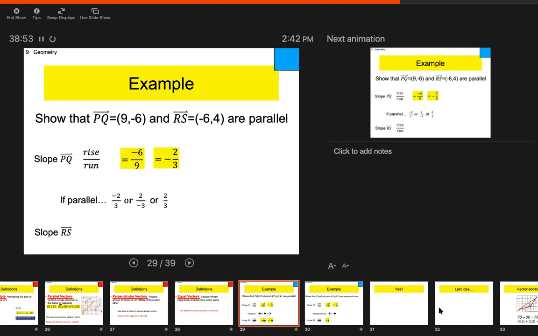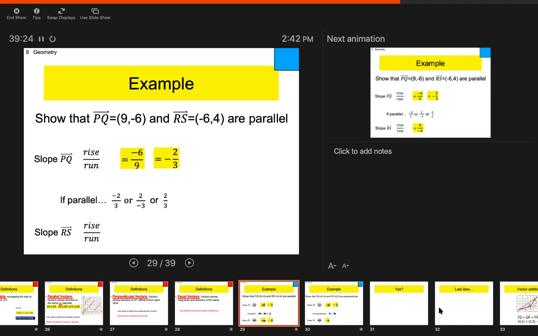Okay, back up here. So for PQ, all I'm doing is taking, where's Q? PQ is right here, 9, -6. The one thing you're going to screw up is that it's written change in x, change in y, and then slope is change in y over change in x. You can really mess that one up. So it's -6 over 9, reduced to -2/3. We do this one. Remember, it's opposite, so it'll be 4 over -6.